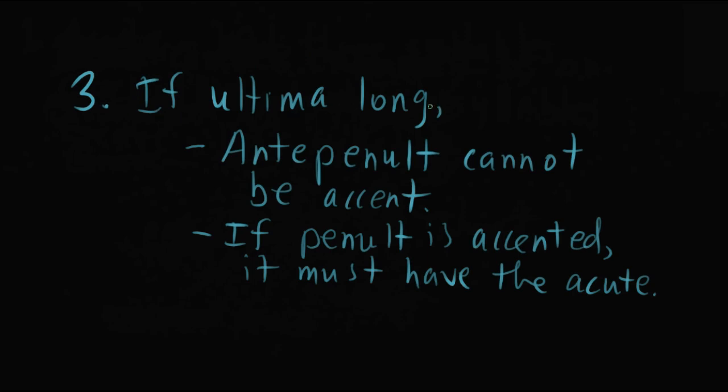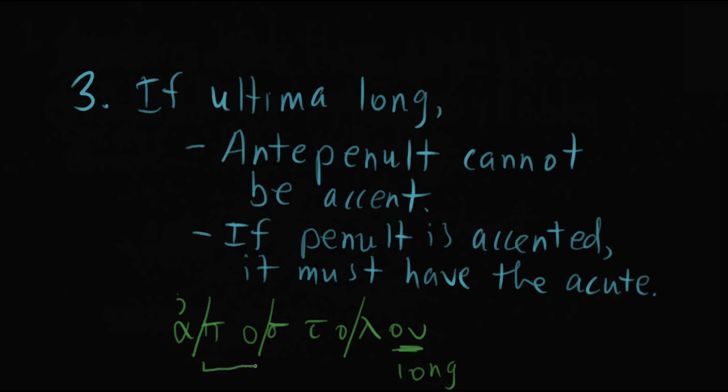Third rule: if the ultima is long, the antepenult cannot be accented. If the penult is accented, it must have the acute. It's a mouthful, but let's look at a word. So apostolou. You notice here that the ultima is long. The way that we can divide this into syllables: this is the first syllable, the second syllable, third syllable, and that's the 4th syllable.